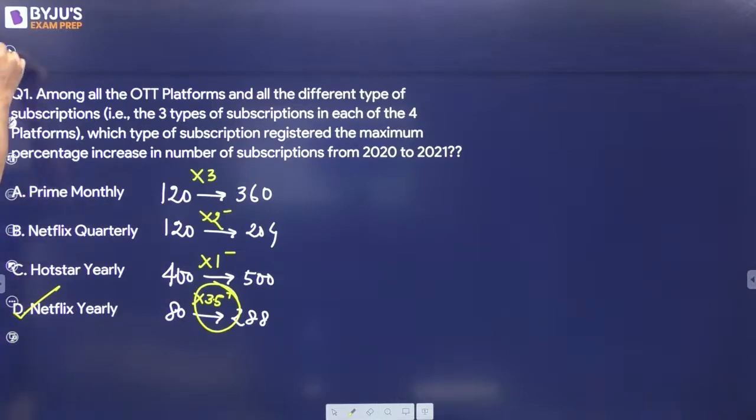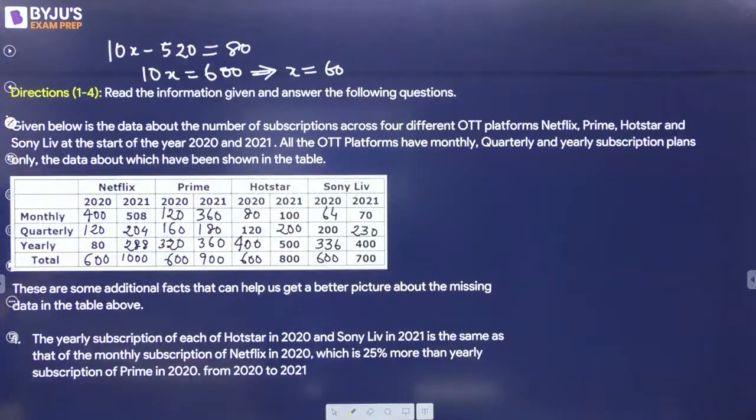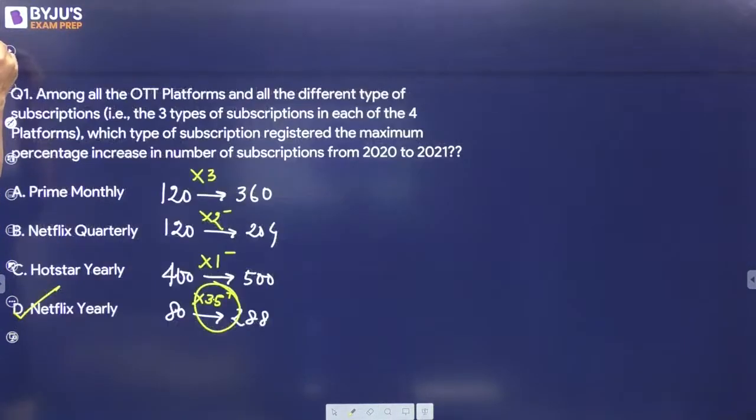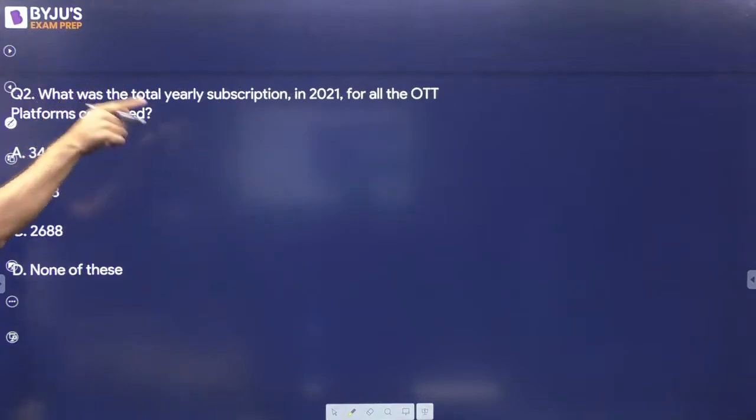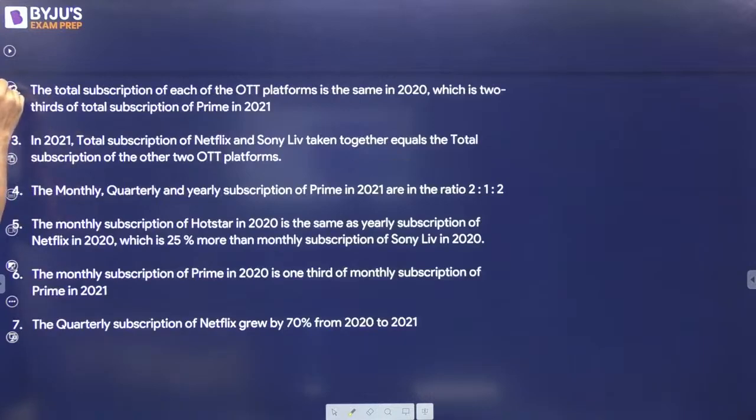Right? Next question. What was the total yearly subscription in 2021 for all the OTT platforms combined? ठीक है, 2021 सारे OTT की बात कर रहे हैं. तो चलते हैं, 2021 we have 1000 for Netflix, then we have 900 for Prime, and एक सेकेंड, एग्जैक्ट क्वेश्चन एक बार देख ले. टोटल ईयरली सब्सक्रिप्शन का, सॉरी टोटल सब्सक्रिप्शन नहीं, वी आर ओनली लुकिंग इनटू ईयरली सब्सक्रिप्शन.